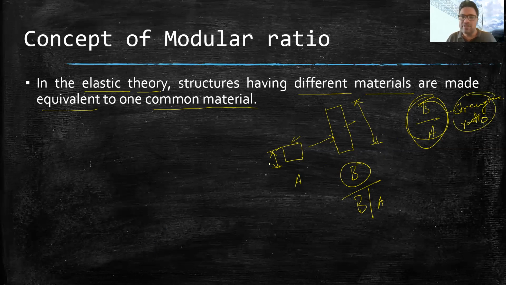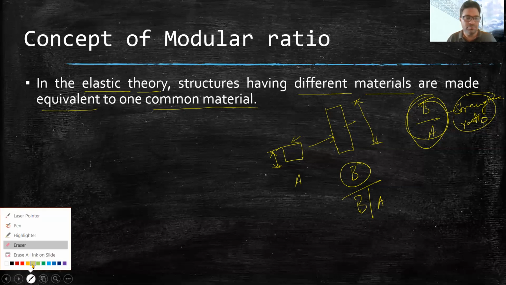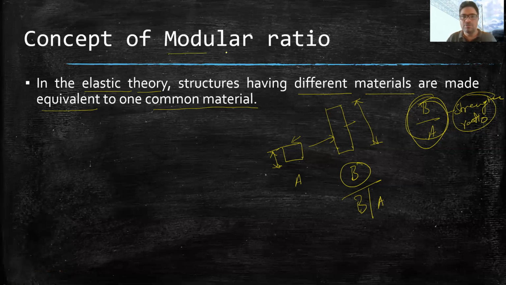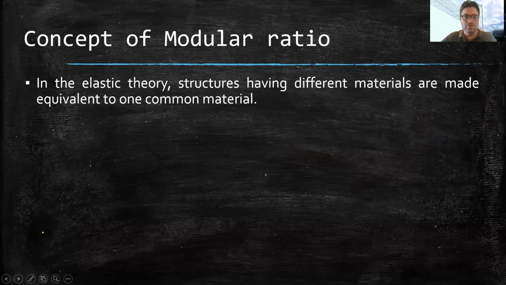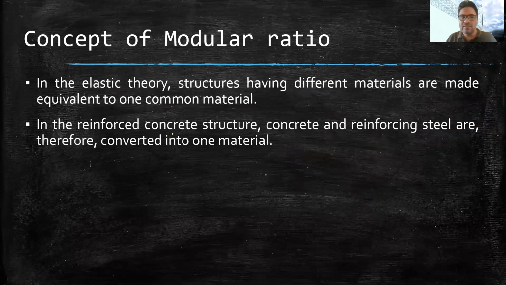Similarly, in our case of concrete design, we use the ratio called modular ratio. So in the case of reinforced concrete structures, concrete and reinforcing steel are converted into one material, because in our reinforced concrete there are two different materials.